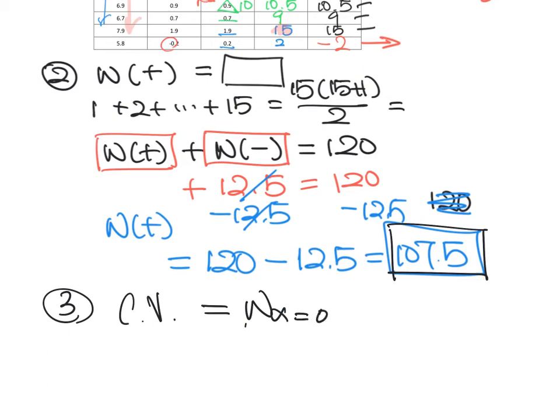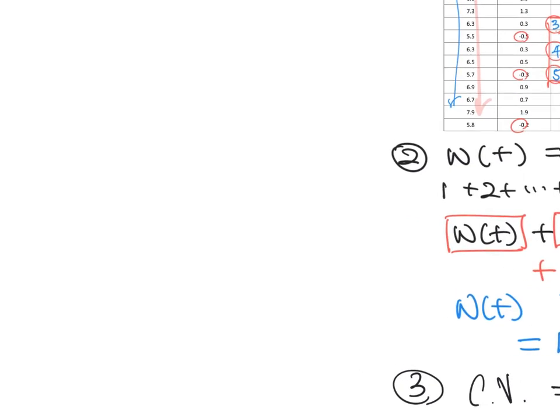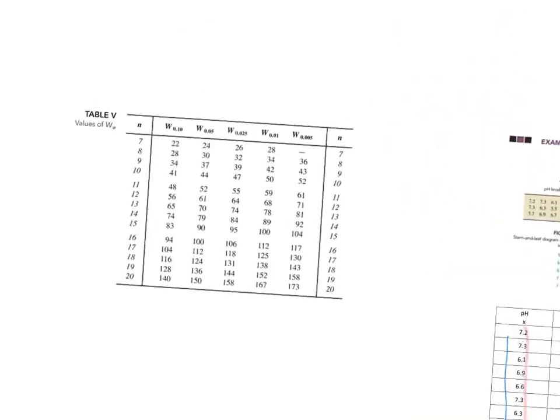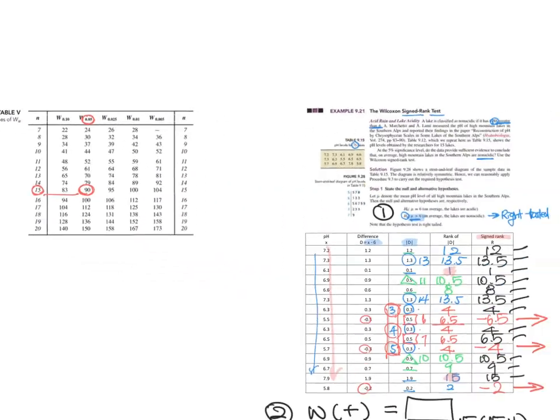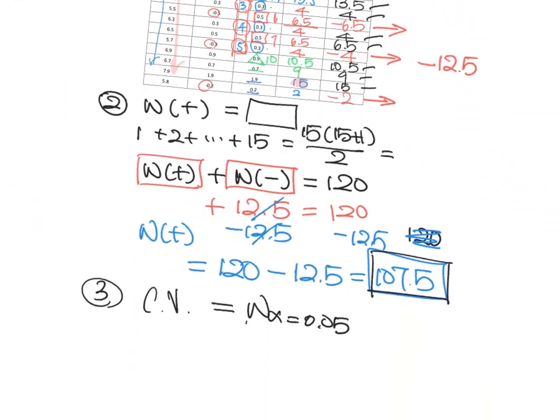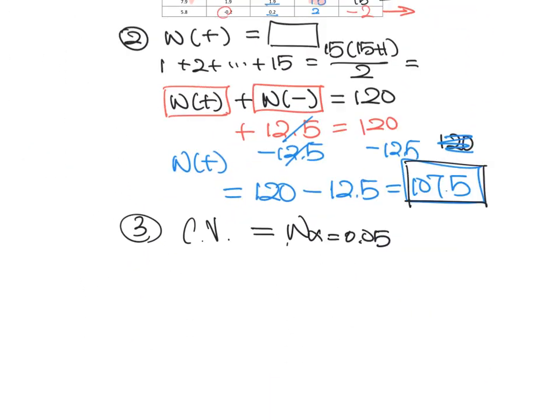Next, we need the critical value, that is W alpha. Alpha, let me say, is 0.05. So let me go to the W table here. Alpha is 0.05, the sample size is 15, and there is a 90. Let me go back to the distribution.